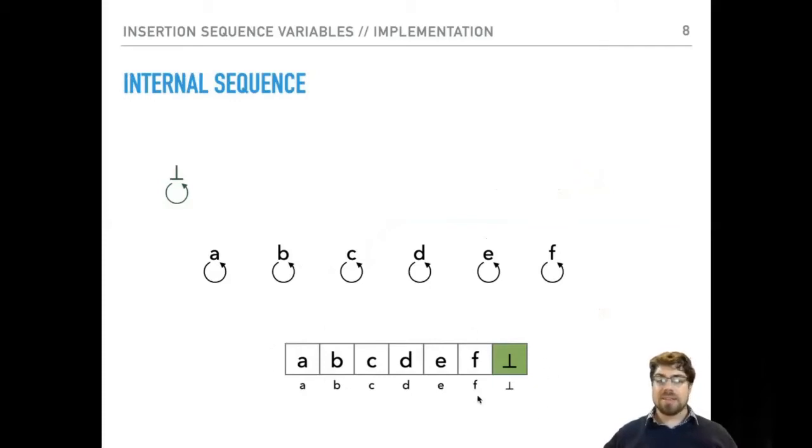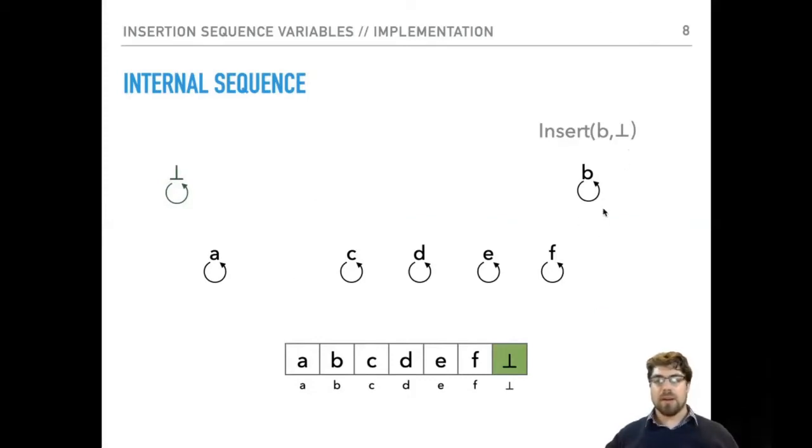The set domain is extended with an internal sequence. So the internal sequence is implemented with an array of reversible integers. For each element of the sequence, we will have an associated reversible integer that will indicate the next element in the sequence. So a bit like a successor model for a routing problem. So in order to insert an element into an empty sequence, we have a specific element bottom that represents the start and the end of the sequence.